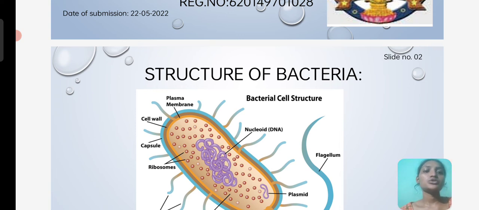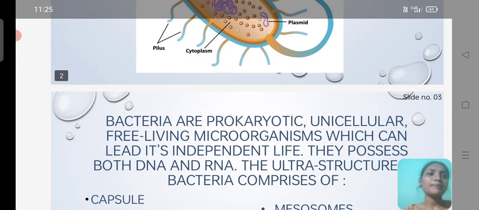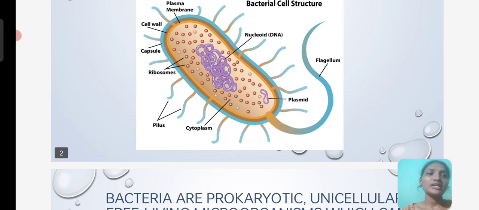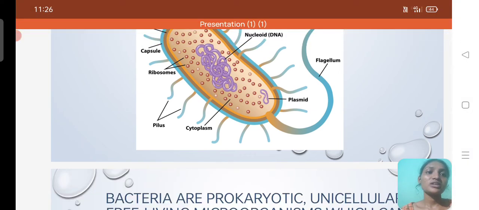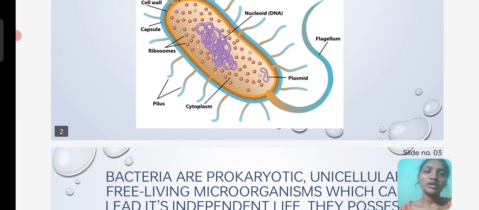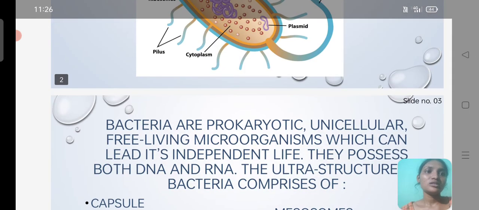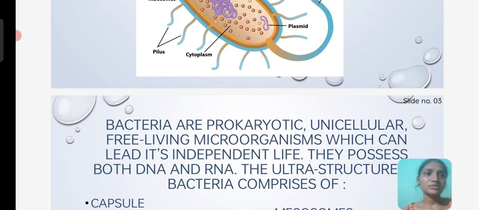So next coming to nucleoid. Here in bacteria we see that the nucleus is not well developed, and the nuclear membrane is not present; a true nucleus is not present. So next coming to plasmid. Plasmid is another part of the bacteria.